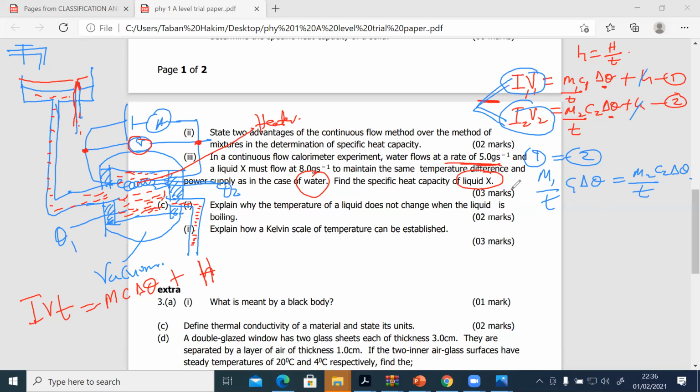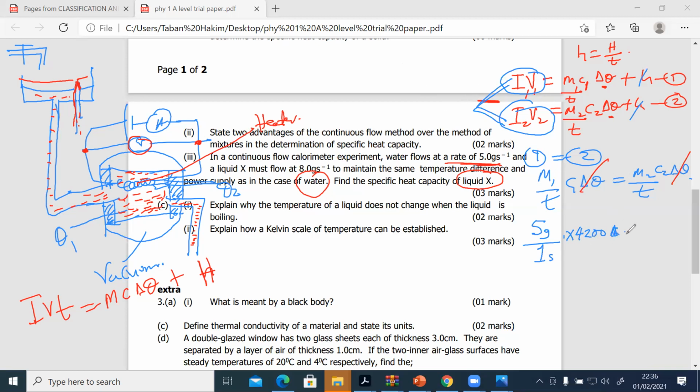Now, substituting our values here, the mass flow of water is 5 grams per second, 5 grams out of 1 second, times the specific heat capacity of water, which is 4200, times the temperature change. This one here cancels out as well, the same temperature difference.